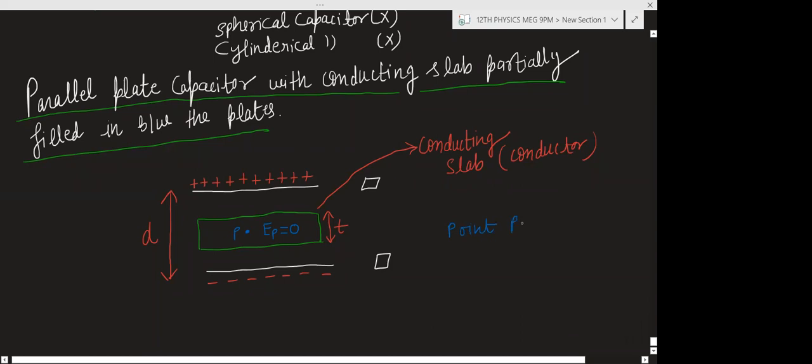Point P is inside the conducting slab. Here the electric field is 0. E suffix P means the electric field at point P is 0.